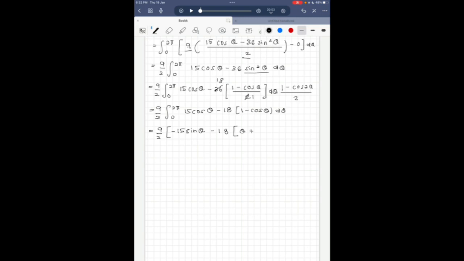Plus, because the integral of cos is a sine, we get a positive sign for sin 2 theta over 2. Then we substitute the value of pi, which is 2 pi and 0.